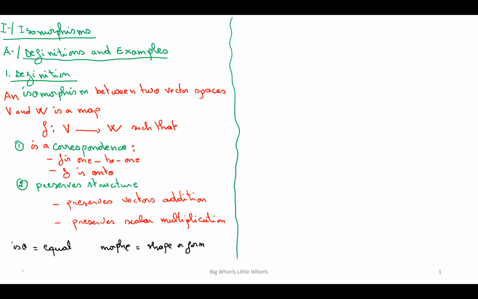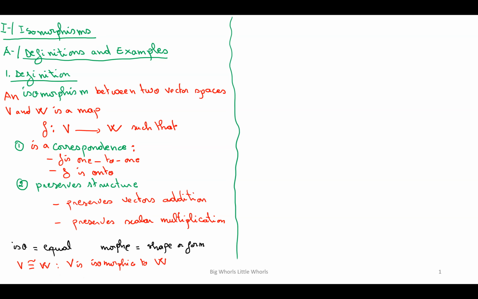Let me finish the definition. We write V is isomorphic to W. That's how we write or note it.